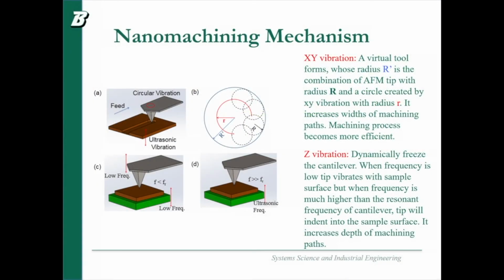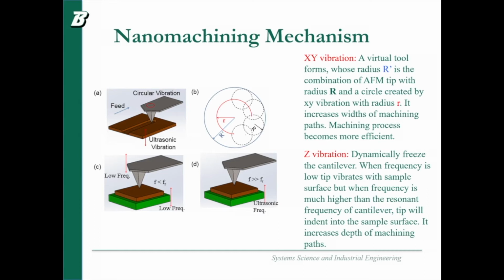So that is the mechanism I just mentioned briefly, and I'm going to talk about the tunability of the process. Because the tip shape is a tip, if you use a knife or a pen to scratch on the surface, the size is going to be exactly the size of the pen or the knife. But if we have the vibration, the small r is the radius of the tip, and the red R is the vibration amplitude. Because of the XY vibration, the stage is vibrating in a circular way.